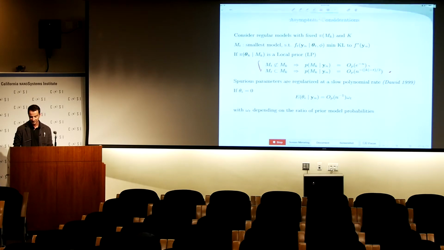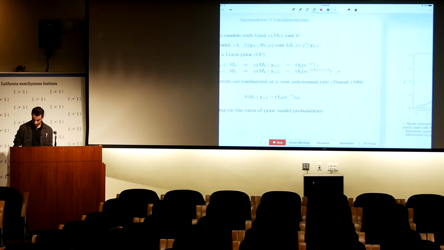So it's going to be n to the minus some number. And so this imbalance, especially in cases where you worry about high dimensions and removing a lot of spurious elements from your analysis, will define basically inconsistent results, at least as information grows.